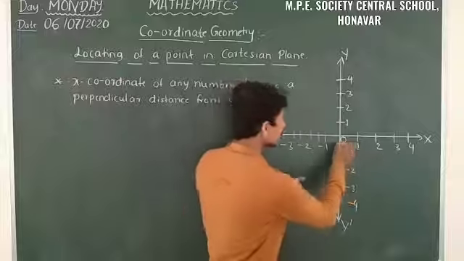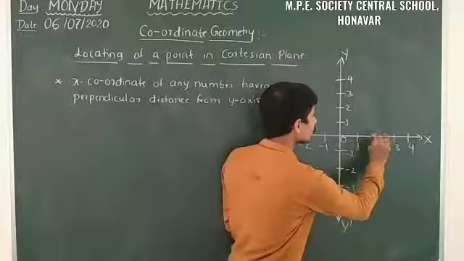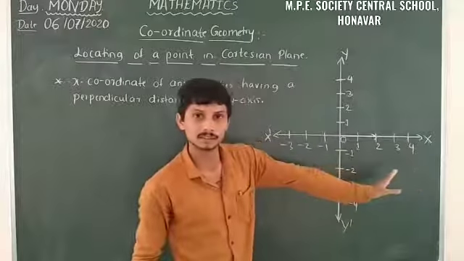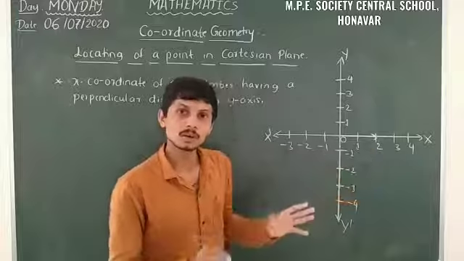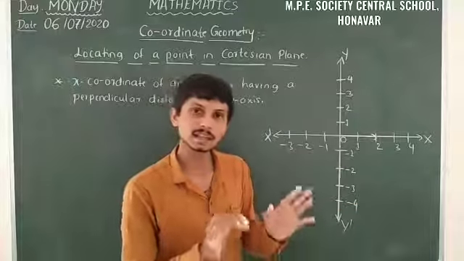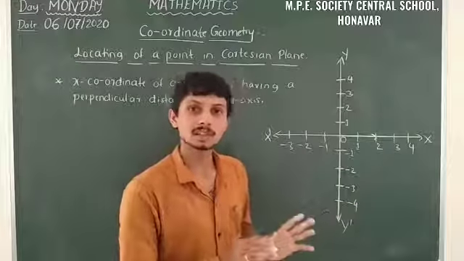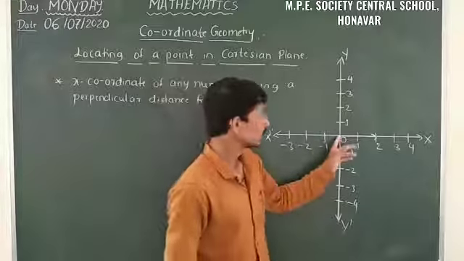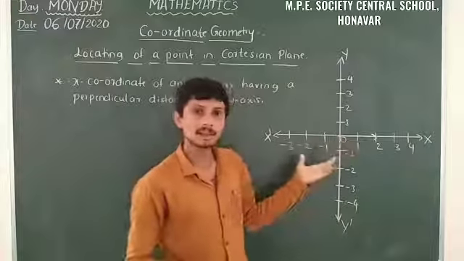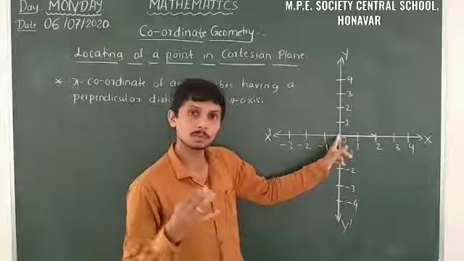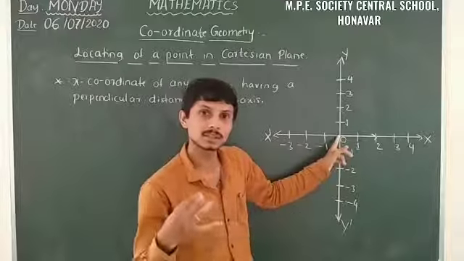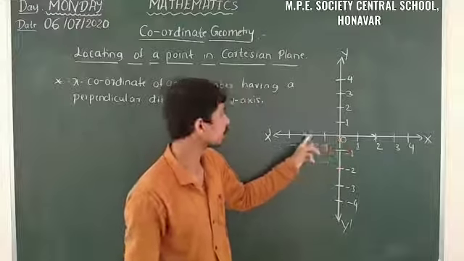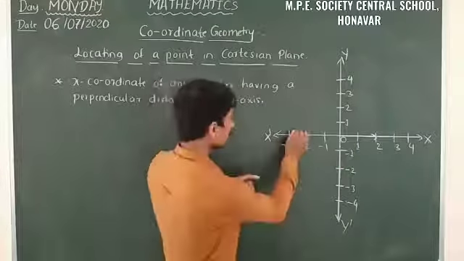So the x coordinate of any number means a perpendicular distance from the y axis. Similarly, for the x coordinate of -3 we take the perpendicular distance from the y axis and travel there.